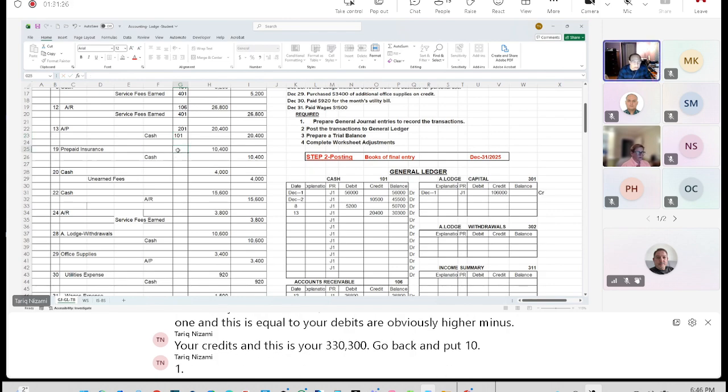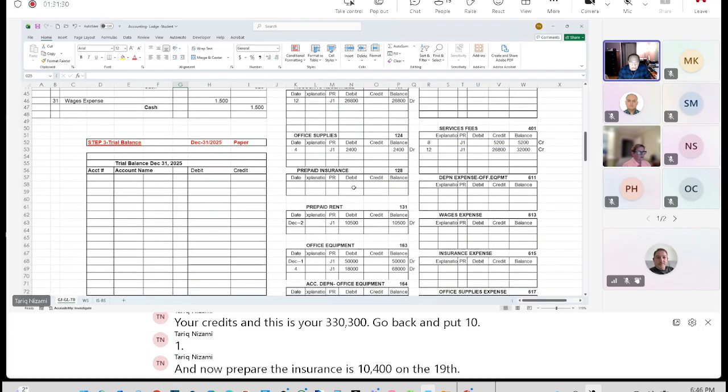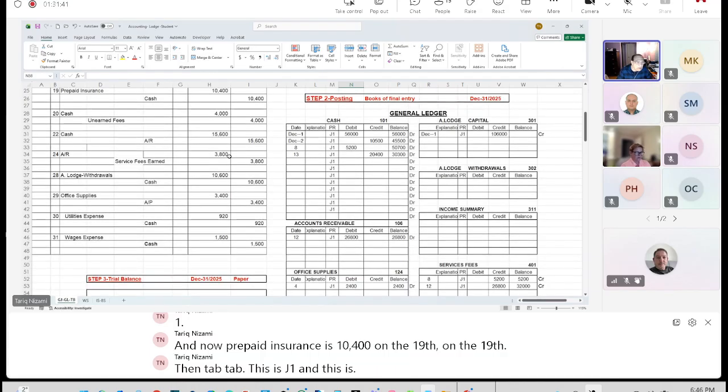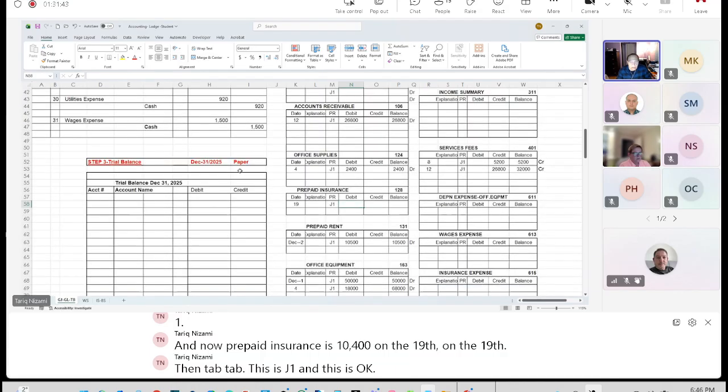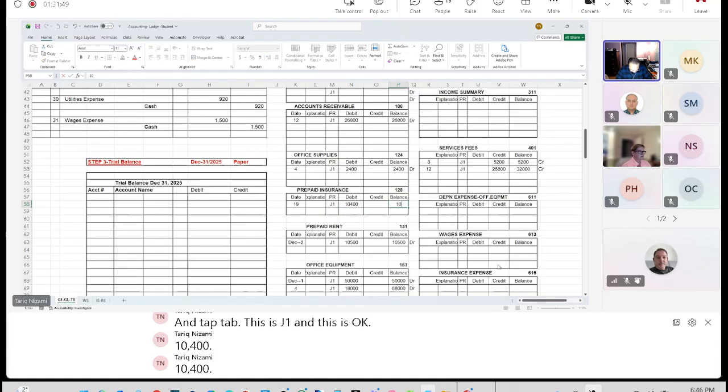And now prepaid insurance is 10,400 on the 19th. On the 19th, in tab, this is J1, and this is okay, 10,400, and this is a debit.